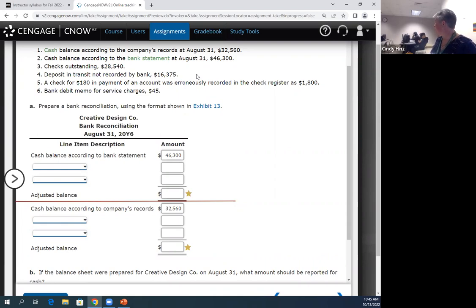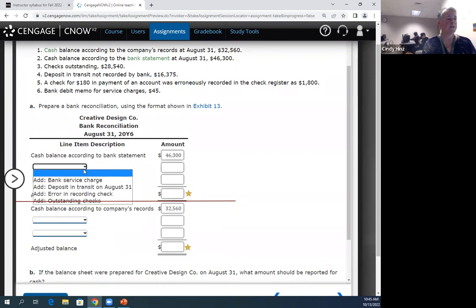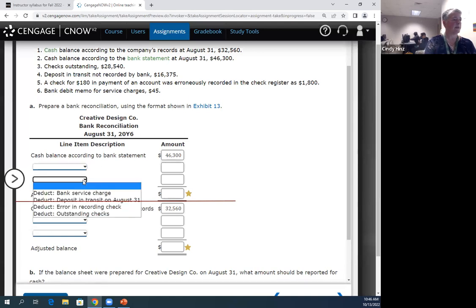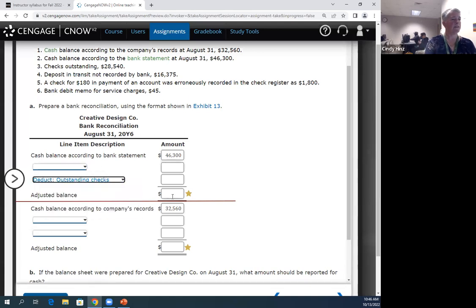Again, it doesn't mean there was a mistake made. It just means that we have information the bank doesn't have. And so the next line here is one of the adjusting items for the bank. We know we wrote these checks, they don't know it yet.